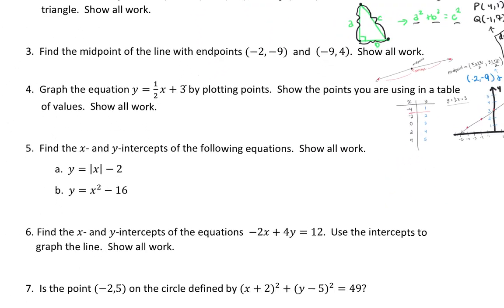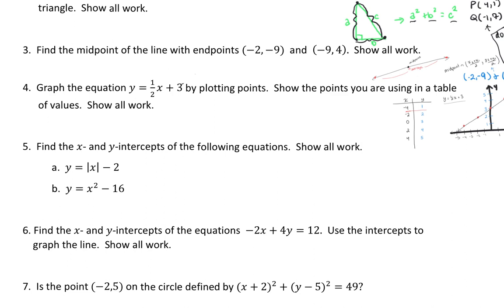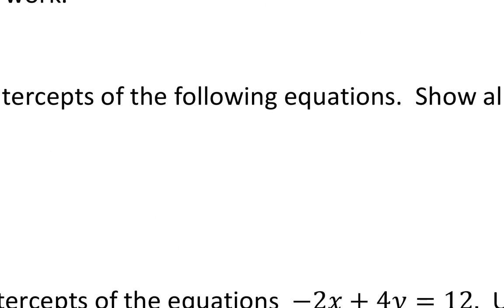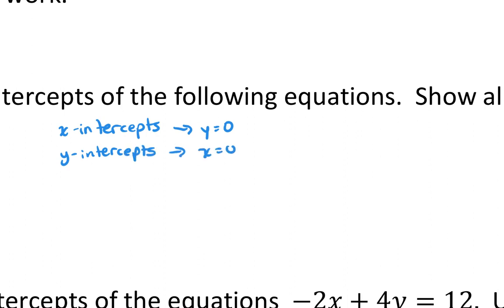Okay. Number 5 says find the x and y intercepts of the following equations. So if we remember, x-intercepts occur when y is 0, and y-intercepts occur when x equals 0.